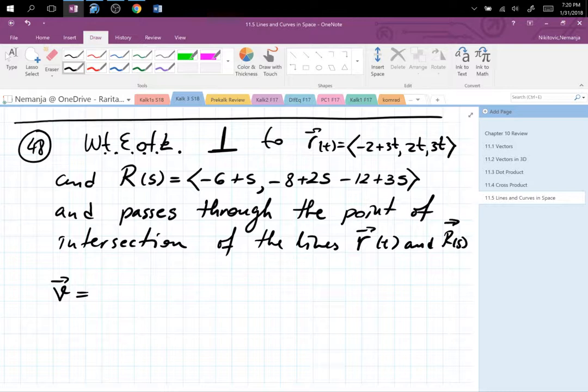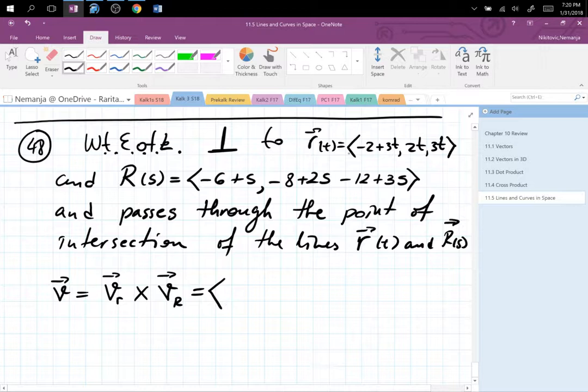As a notation, I need to cross vr with vR, right? So it's 3, 2, 3. That needs to be crossed with 1, 2, 3.